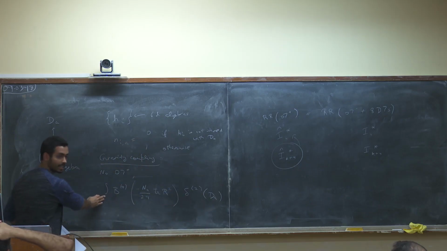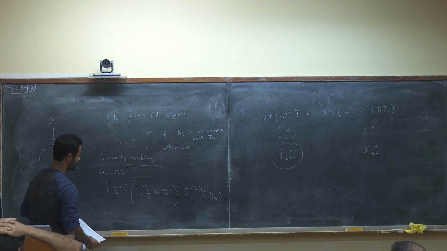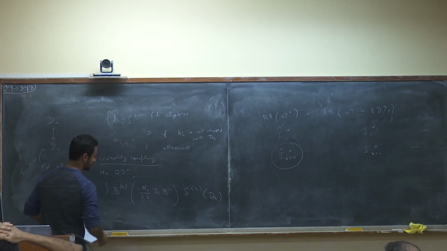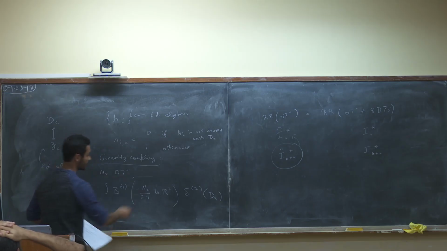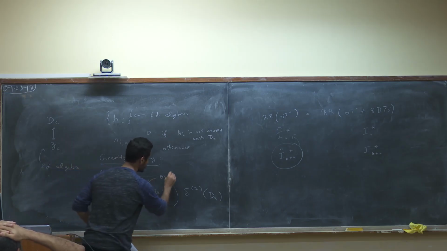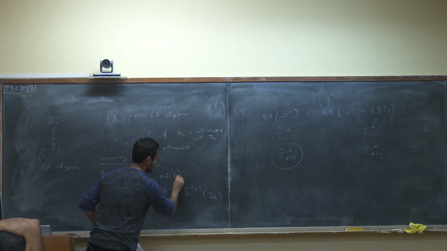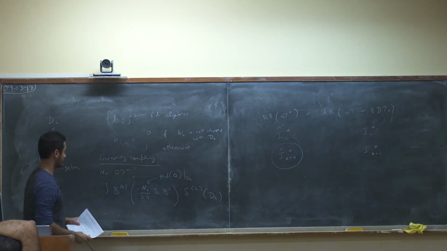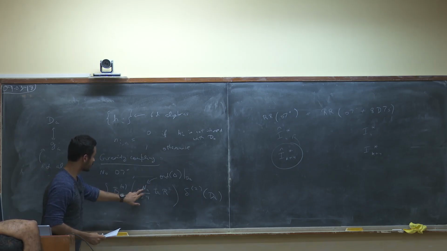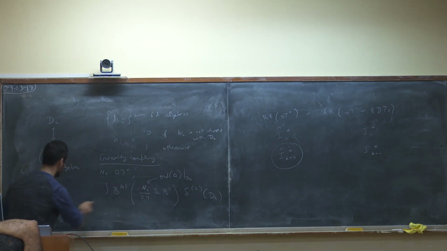This is an integral over 10-dimensional space-time. NA is the order of vanishing of delta on dA. So for D7 branes, this is just 1. So for D7 branes, it just counts the number of D7 branes.